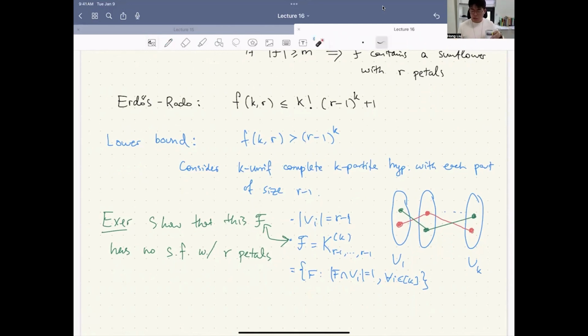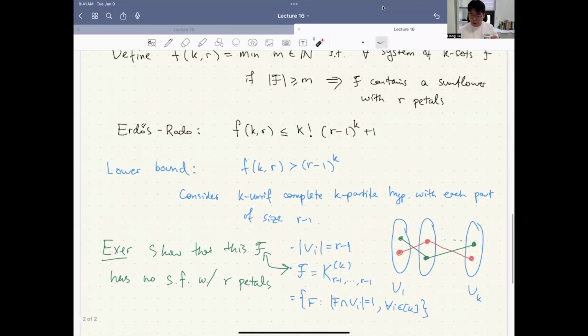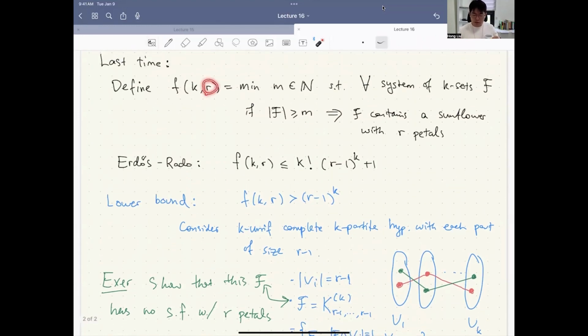Let's look at the lower and upper bound of this function f(k, r). For the lower bound, think of r as some fixed constant. Then in terms of the uniformity, the size of the sets, the lower bound is exponential in k, some constant depending on r to the power k.